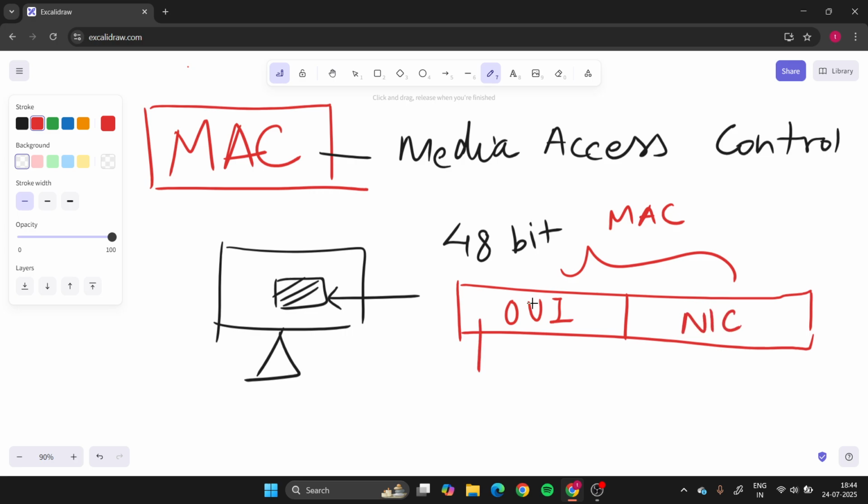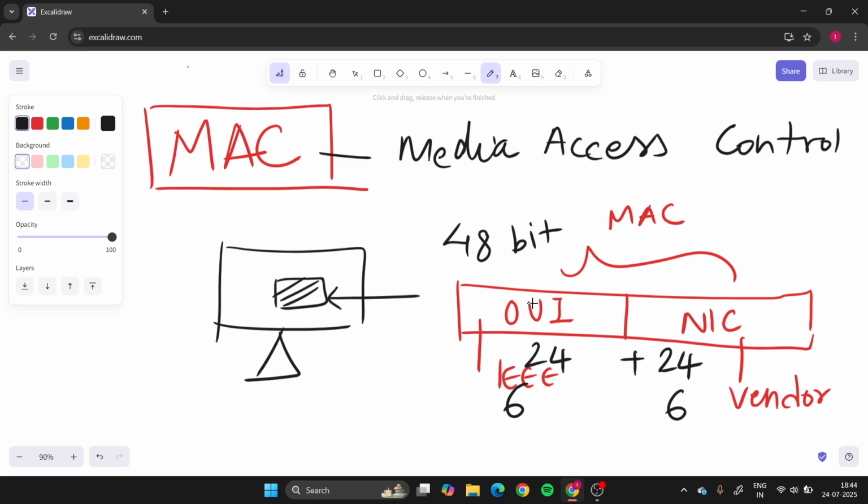The OUI is predefined by the IEEE first of all, and the NIC part is distributed directly by the vendor. So if I buy, say, an HP laptop, HP will be providing me the NIC part, while IEEE will give the OUI bits. The OUI comprises 24 bits, and the NIC is also 24 bits, out of which there are 6 hexadecimal digits and 6 hexadecimal digits.